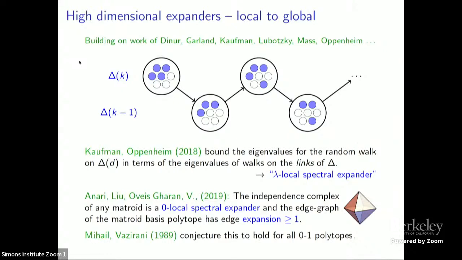They call these lambda local spectral expanders because you're bounding eigenvalues of transition matrices, and local because you're doing that on small pieces of your simplicial complex. And the theorem is that you can use very local information to get global bounds on transition times.